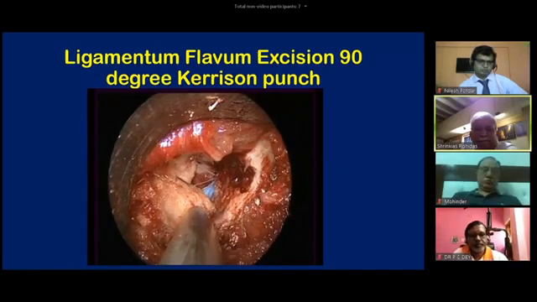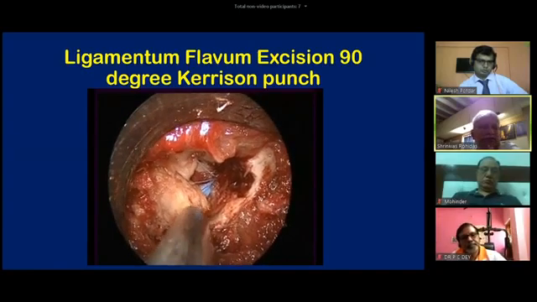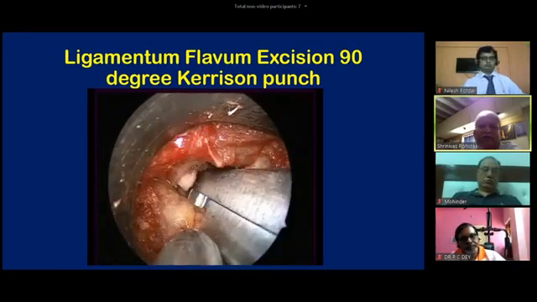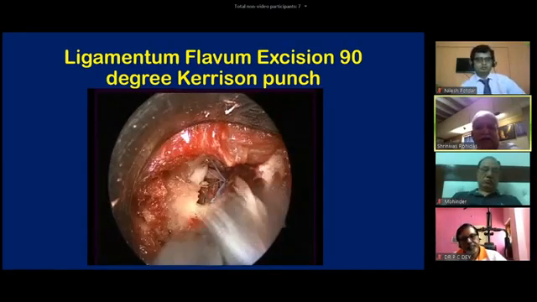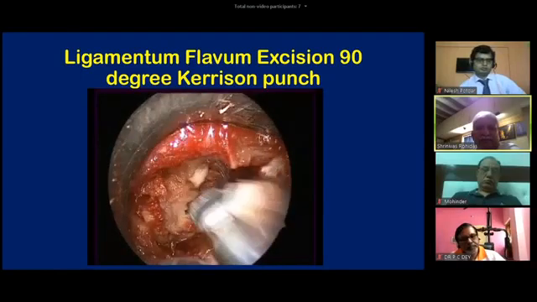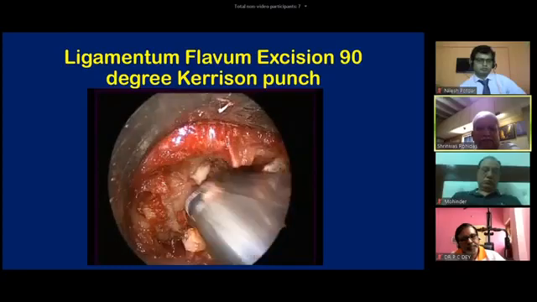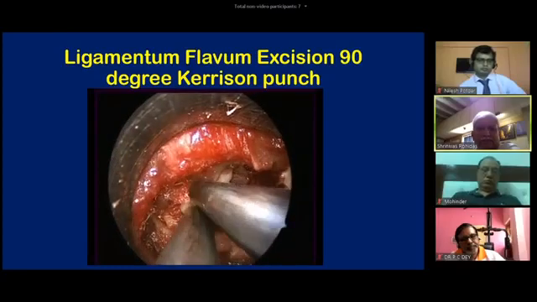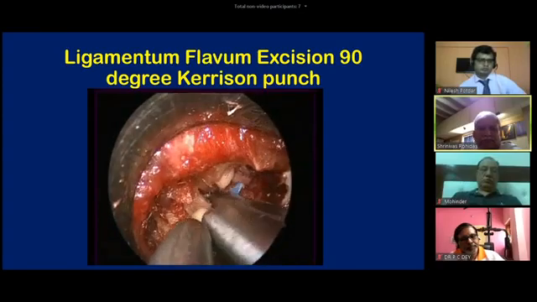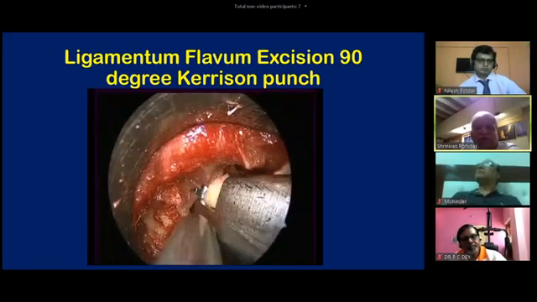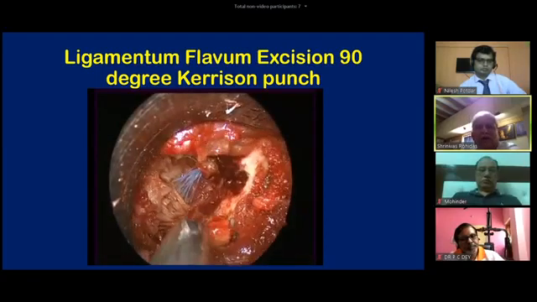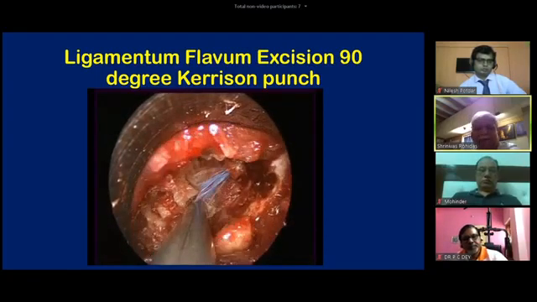There are two Kerrison punches in the Destandau system. 145 which we have used for the lamina, and now this is a 90 degree 3 mm Kerrison punch to remove the flavum. We remove the flavum so as to expose the operative area from one lamina to the lower lamina.